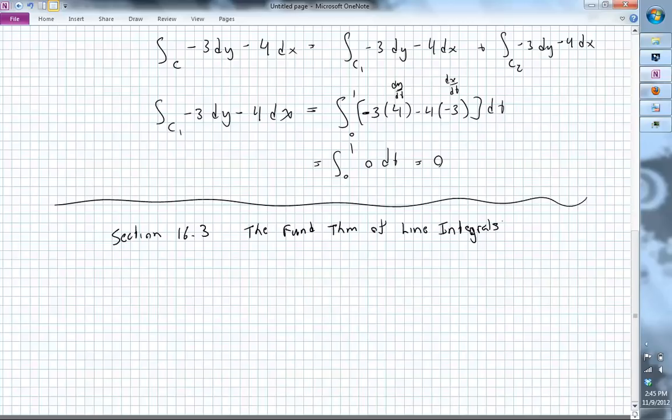Before we talk about the fundamental theorem of line integrals, I want to remind everybody what the fundamental theorem of calculus is. So recall from Calc 2, the fundamental theorem of calculus, which says as follows.